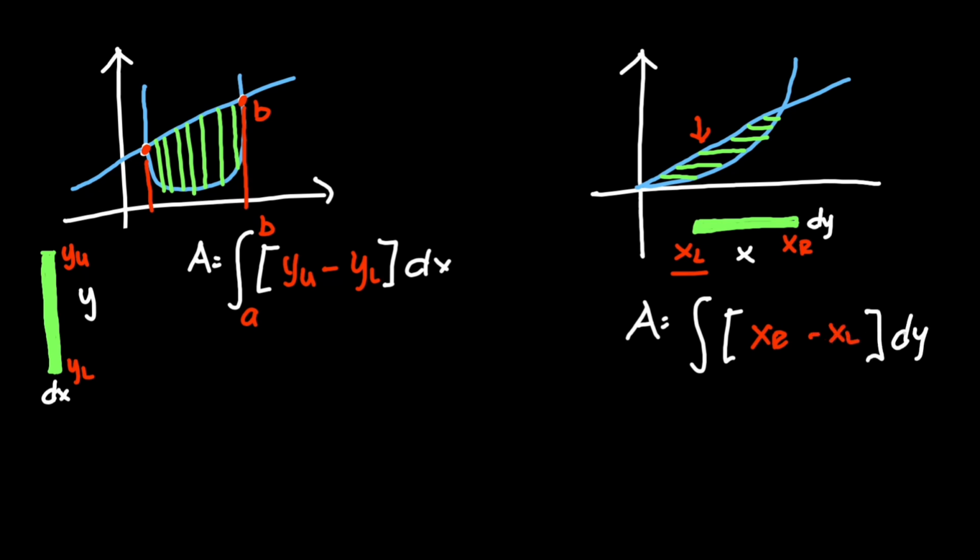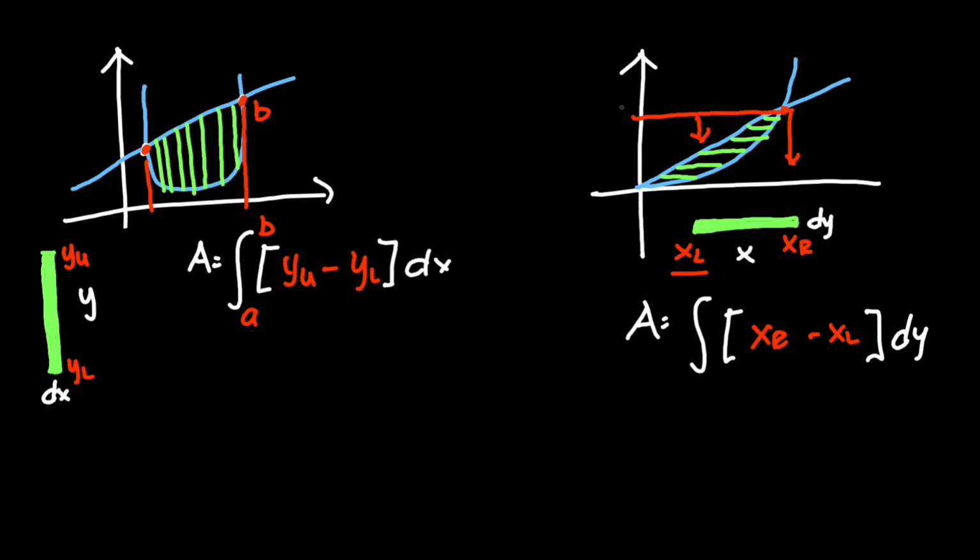Of dy. And in order to find out what the upper and lower limits of this are, since you are using a horizontal element, you must go up to down. So in here, this should be in the y-axis value.